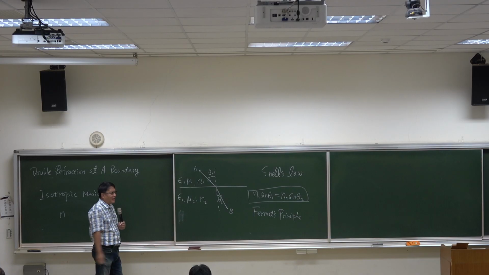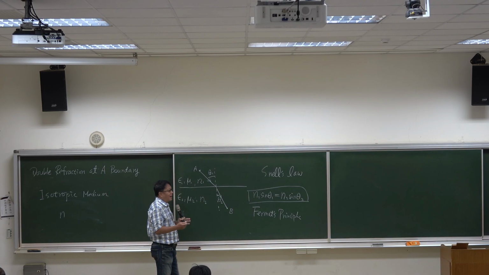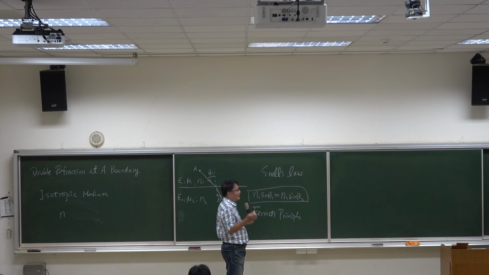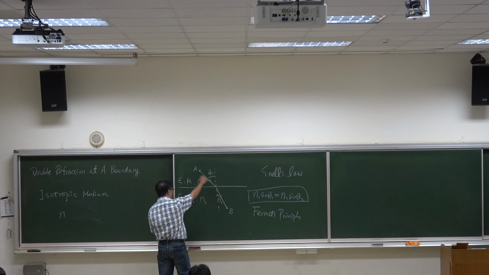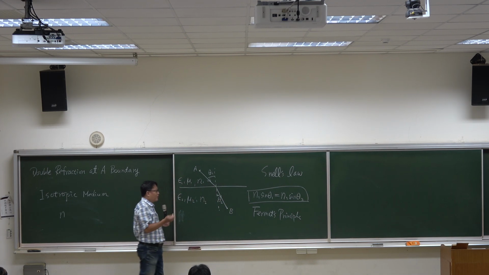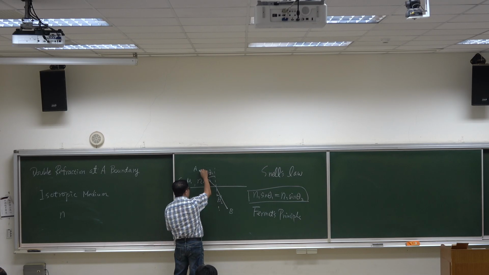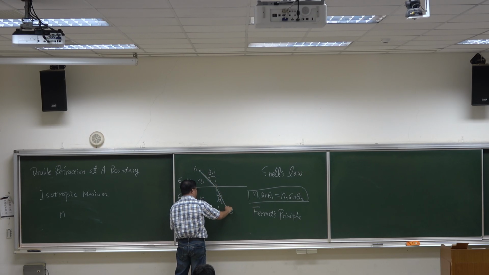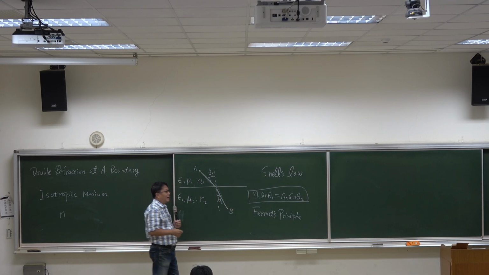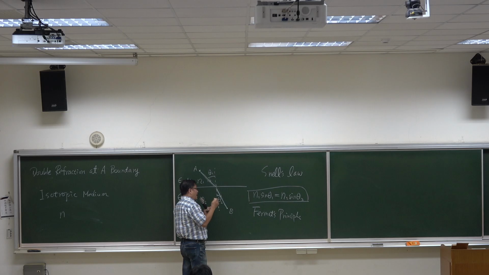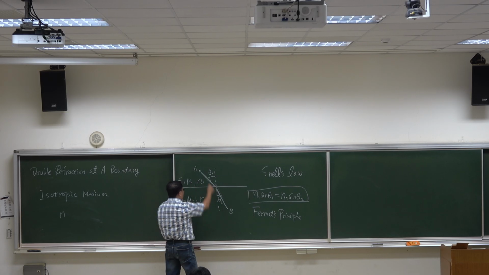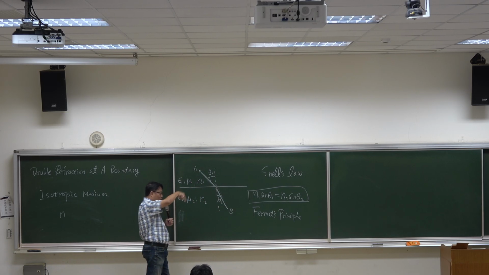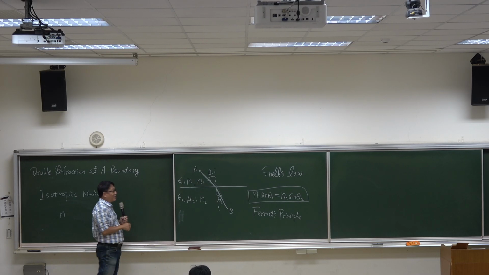In fact, light does not take the shortest time path. Light propagates in this way because if we consider a path a little bit different from the so-called correct path, the phase aggregation of the light is almost the same, just like it goes along the correct path.